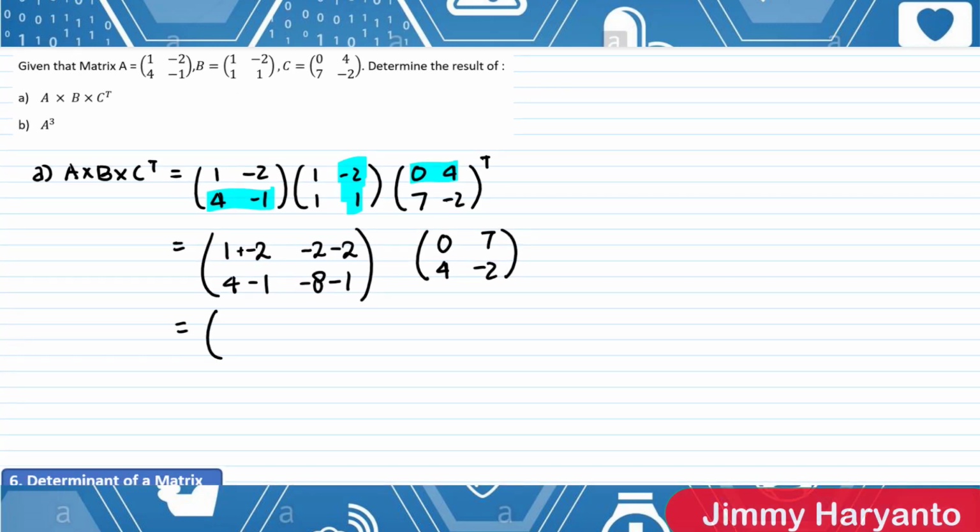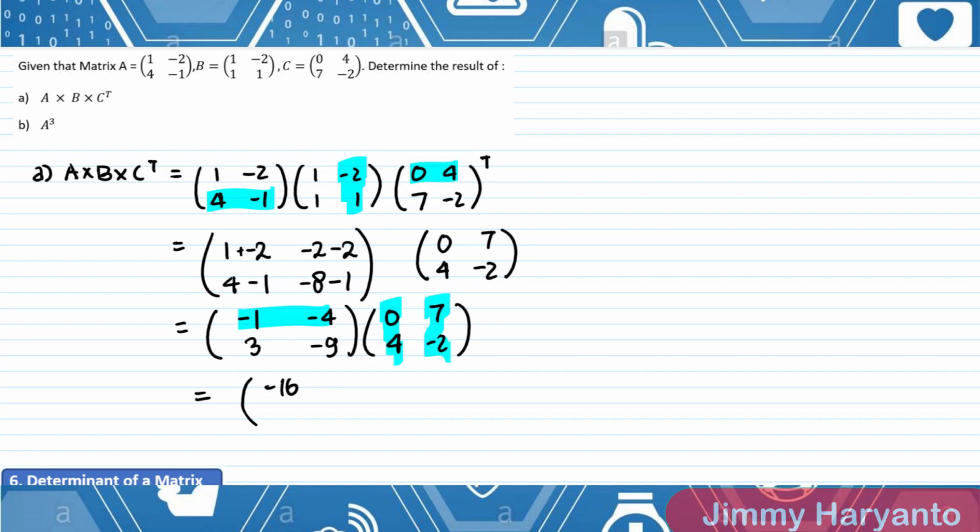After that, you only have to simplify the first one. You will get negative 1, negative 4, 3, and negative 9, times it with 0, 7, 4, negative 2. One more time, the first row times the first column, and so on. Negative 1 times 0, negative 16. Okay, we'll go faster.